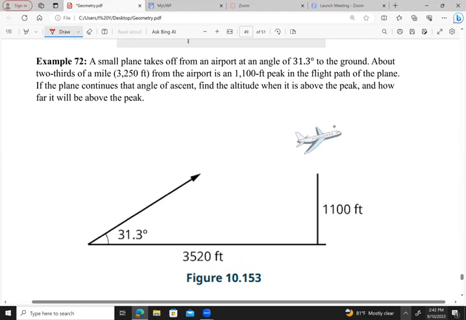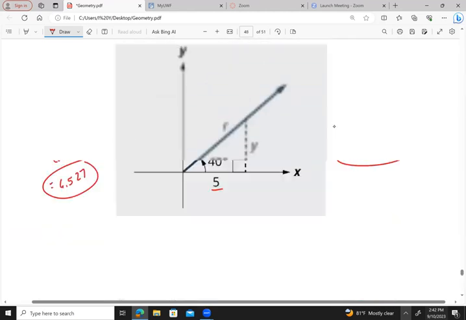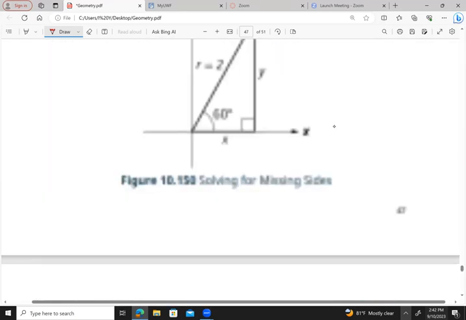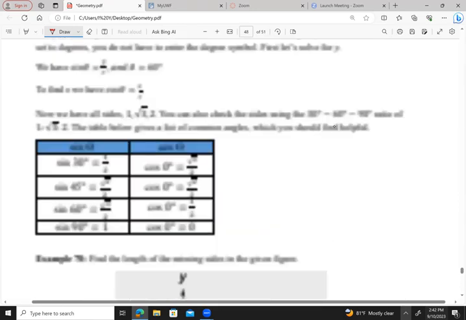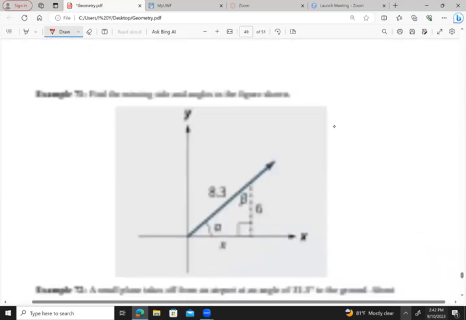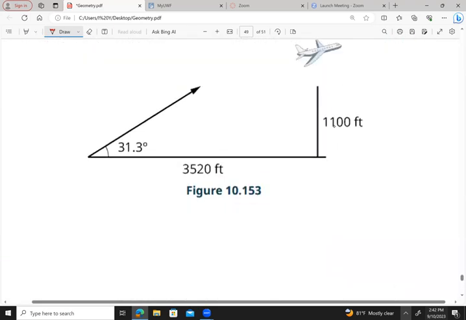Now, again, double check these formulas. I'm looking at tangent, opposite over adjacent. So technically, this is x and this is y, and the tangent of theta equals opposite over adjacent, y over x.